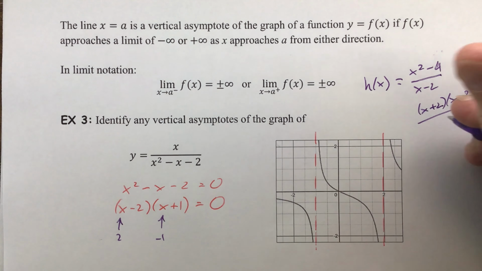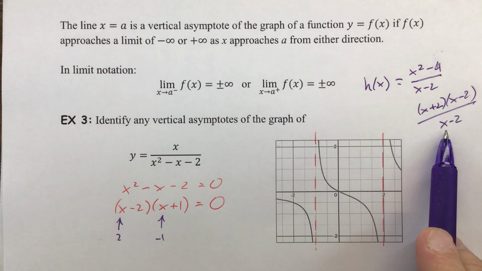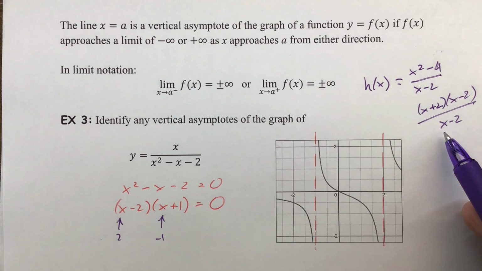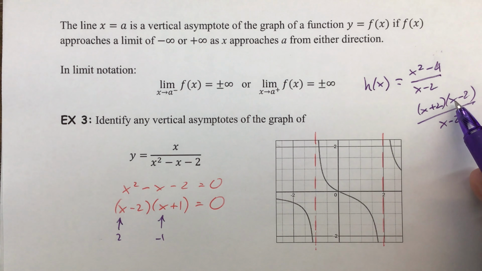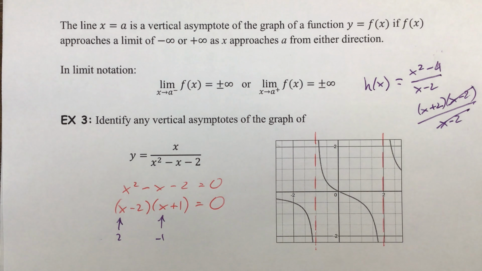And I have the denominator, x minus 2. Okay, now if I were to base things strictly off of what I said here, I'd get a vertical asymptote at 2, because that makes it undefined. However, if that value of x that makes the denominator 0 also makes the top equal to 0, okay, those match up to each other. If that happens, you don't actually get an asymptote, but you get a hole.